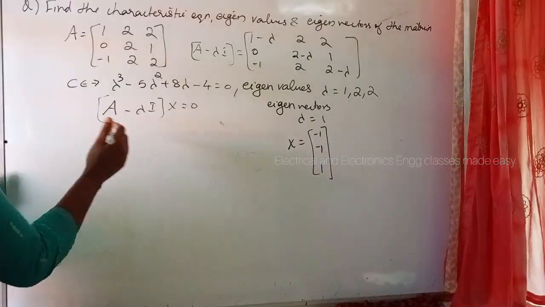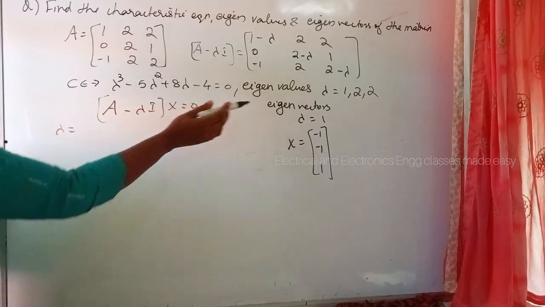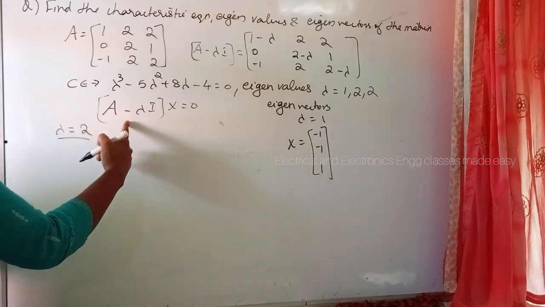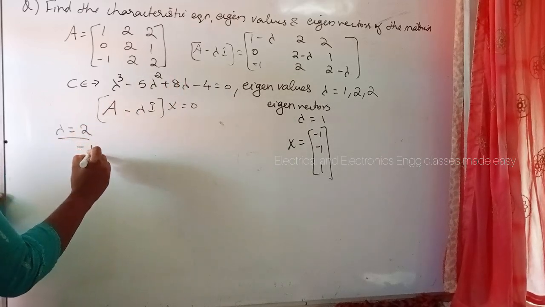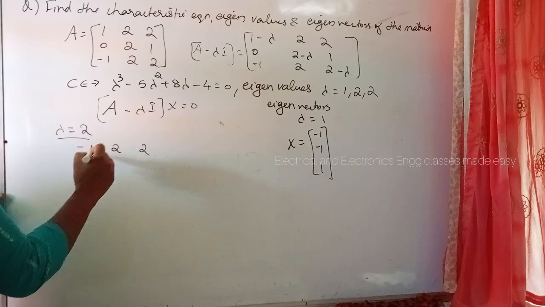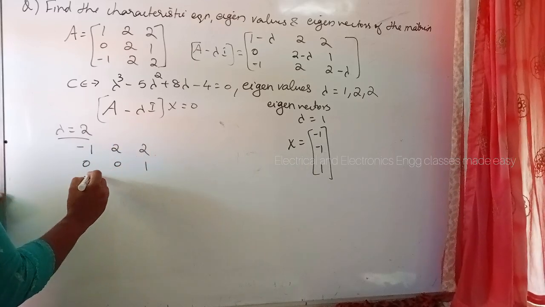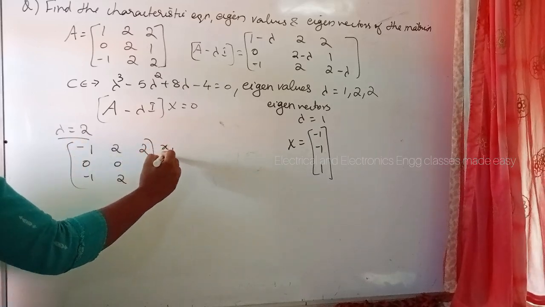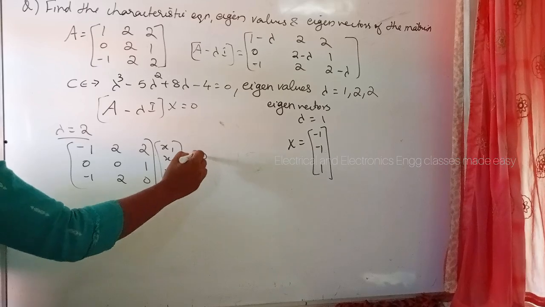Now let us find the eigenvector for lambda equal to 2. So when lambda is equal to 2, this equation becomes 1 minus 2, that is minus 1, 2, 2, 0, 2 minus 2, 0, 1, minus 1, 2 - 0 into x, that is x1, x2, x3, equal to 0.